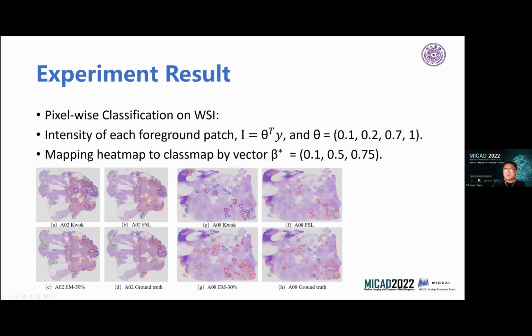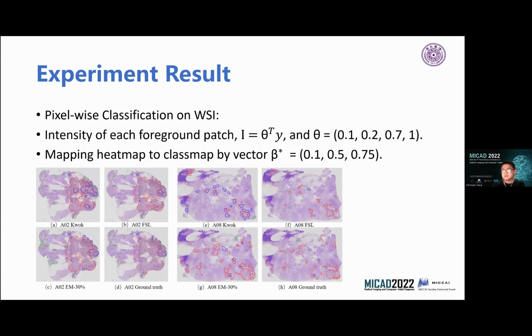We also extend our method to pixel-wise classification. To achieve this, we first construct the heat map from the given whole slide image. Specifically, we compute the intensity matrix for each patch by multiplying theta t times the y vector.